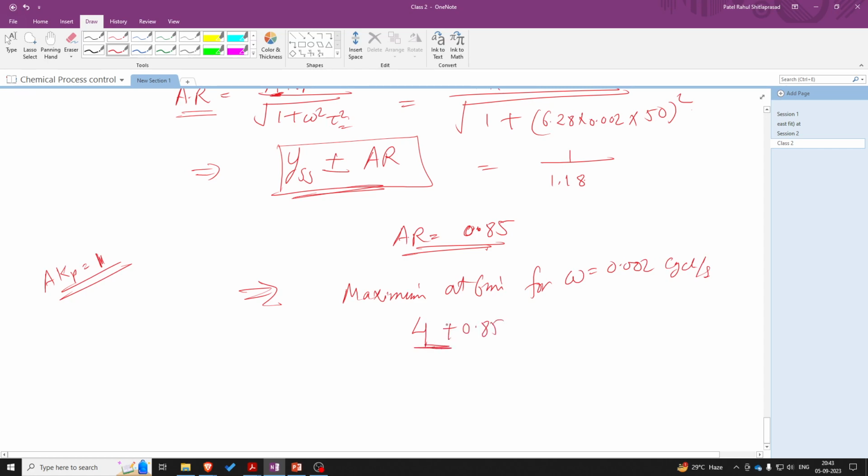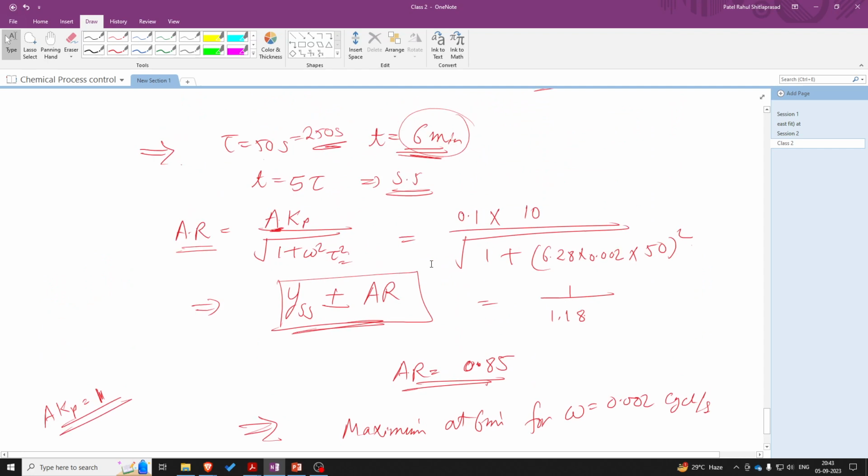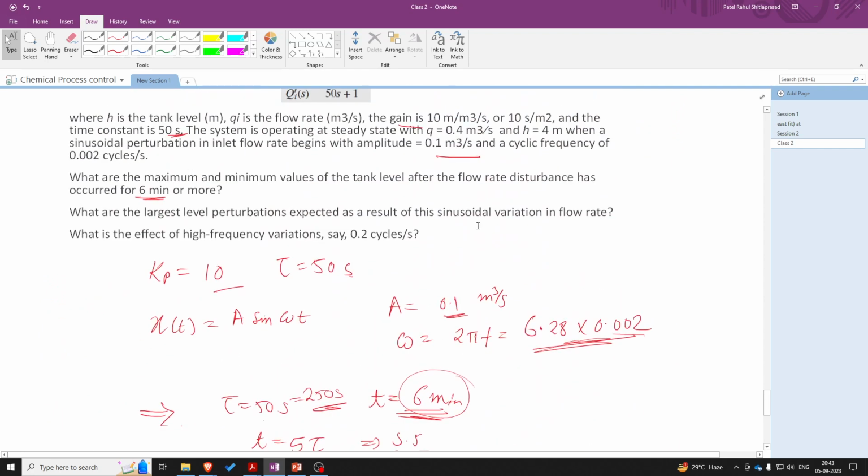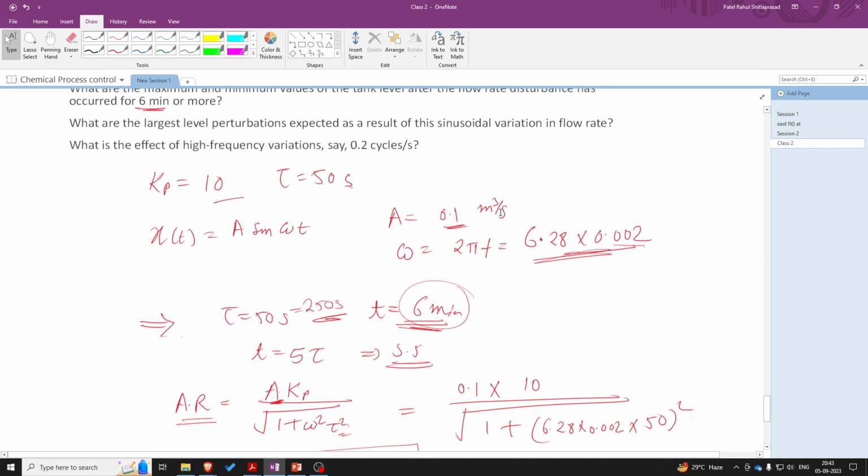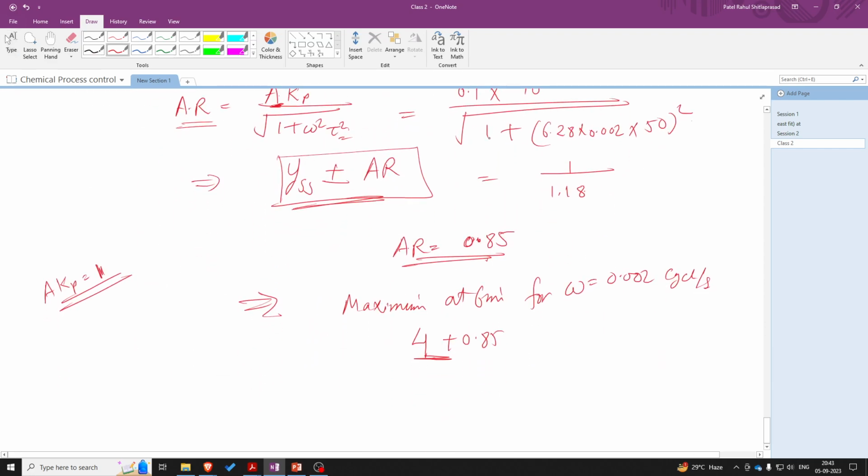So 4 was the steady state value of the height that was provided. So over here we have been provided the steady state operating height is 4 meter. So the maximum height will become 4.85 and the minimum height is 4 minus 0.85, which is equal to 3.15. So at 6 minutes the maximum possible height is 4.85 and the minimum possible height is 3.15.